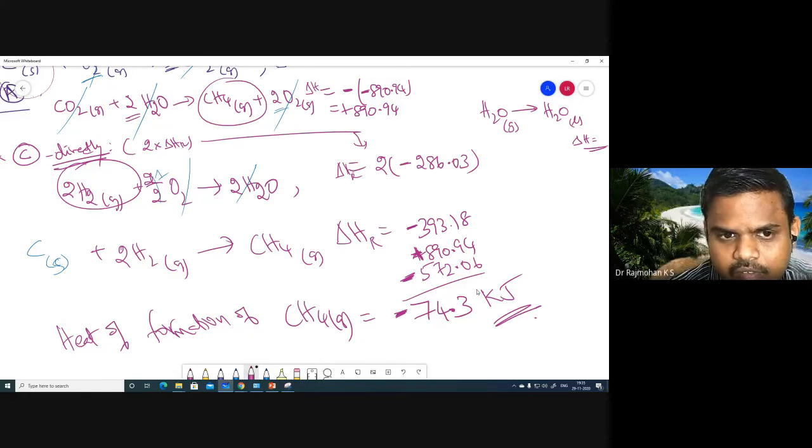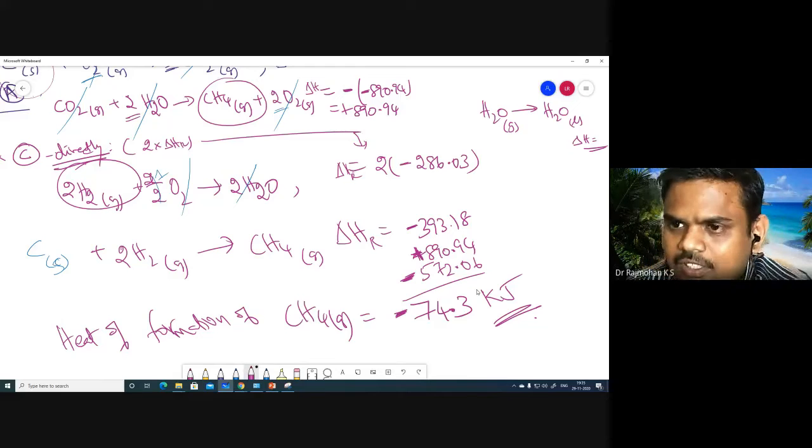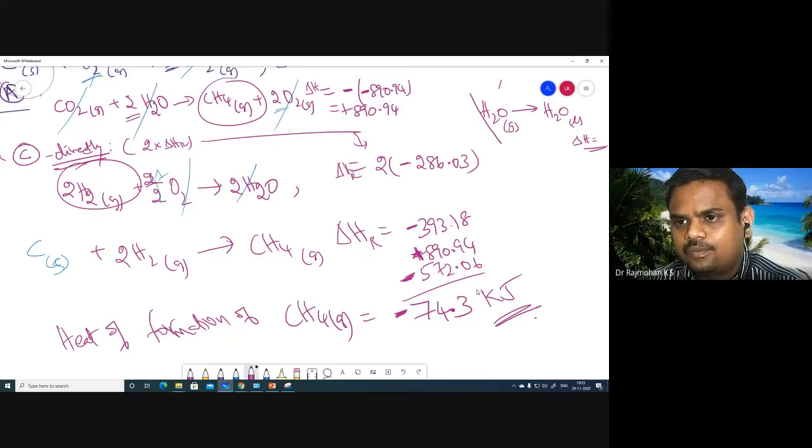In this case we did not bother about it, but when there is a phase change mentioned in the question, we have to consider that too. That's a tip I'm giving.